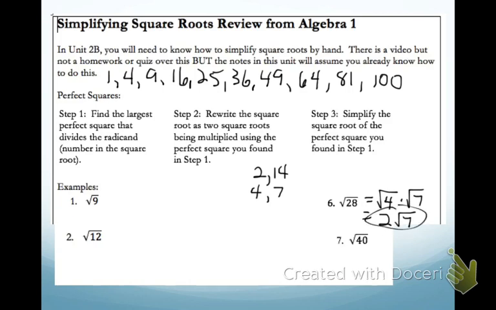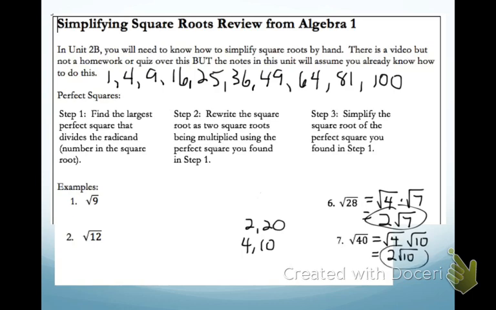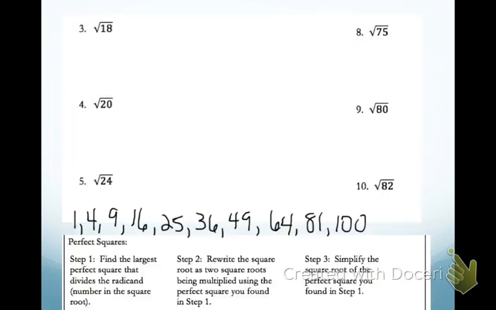And then I can't evenly take the square root of 7, so I will leave that. Alright, factors of 40, so I have 2 and 20. Neither of those are perfect squares, 3, 4, and 10. 4 is a perfect square, so I'm going to rewrite that as the square root of 4 times the square root of 10. I'm going to take the square root of 4, which is 2, so I end up with 2 times the square root of 10.